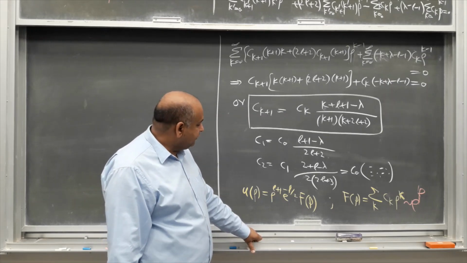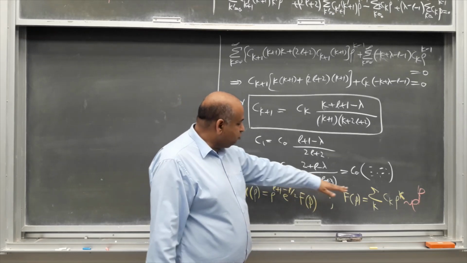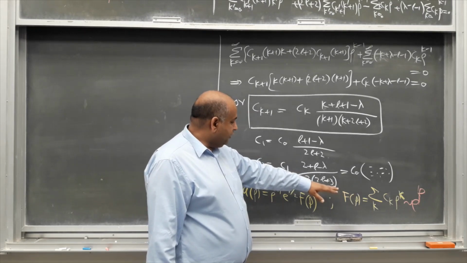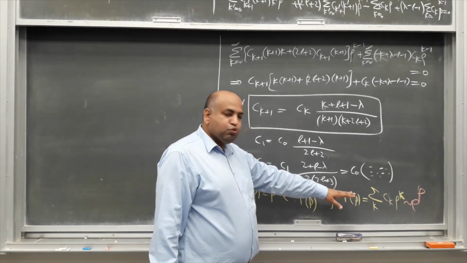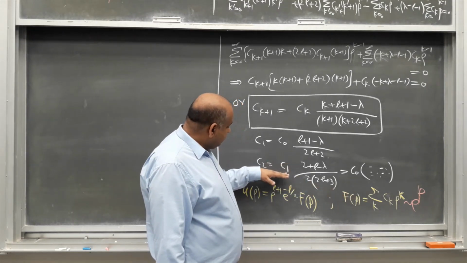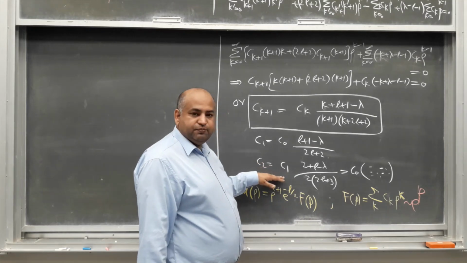So it means that we have to exclude this possibility of the series going to infinity, which means we have to find a way to restrict the series to a finite number of terms, which means that after a certain point, the coefficients should go to 0.